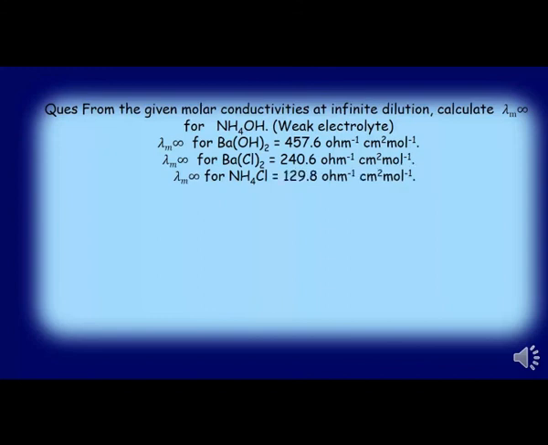Now, to determine lambda infinity of ammonium hydroxide, we need ammonium ions and hydroxide ions. Ammonium ions come from ammonium chloride and hydroxide ions come from barium hydroxide.